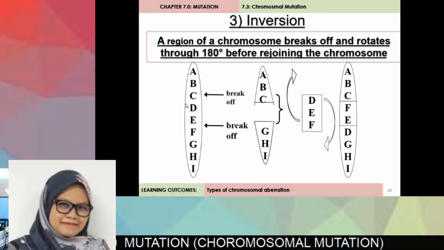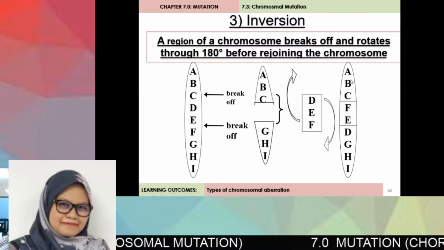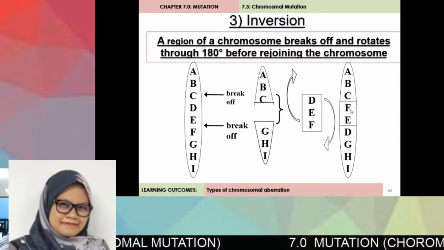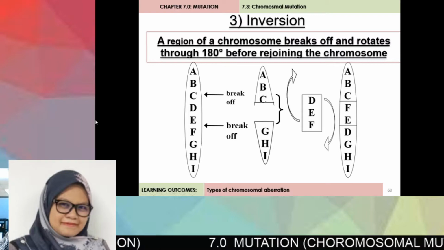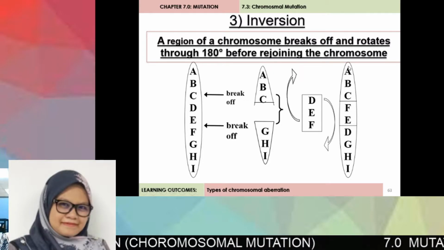So the new segment is A, B, C, E, F, D, G, H, I. This is the normal sequence, and this is the new sequence, the new chromosome structure after gene inversion.